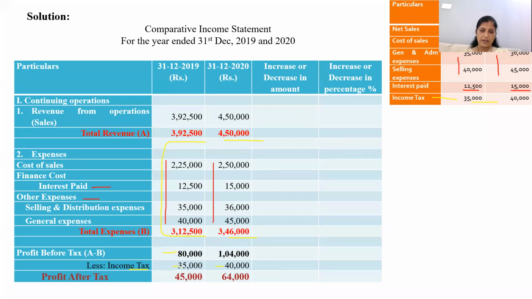So 80,000 minus 35,000, you will get 45,000. 1,04,000 minus 40,000, you will get 64,000. Okay. First, you enter all these things, calculate this and keep. These are the figures which you have taken from the income statement that is given. You have rearranged all those figures as per the format and you have put it like this.